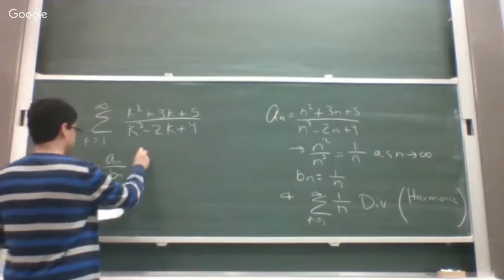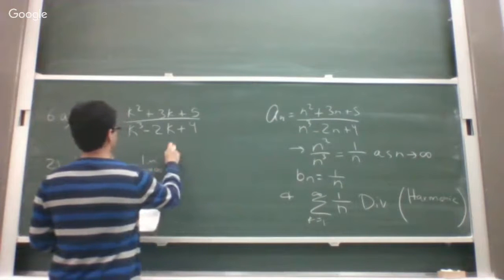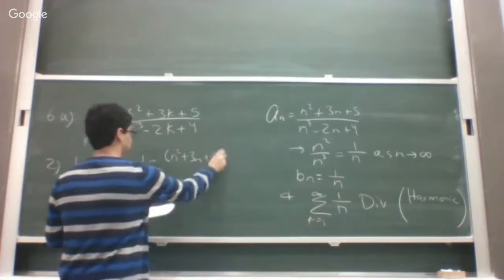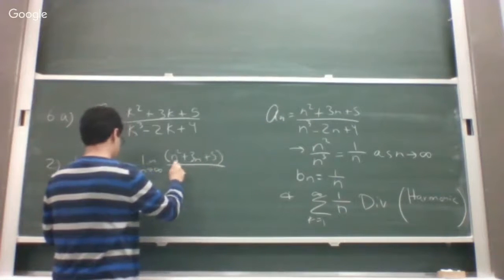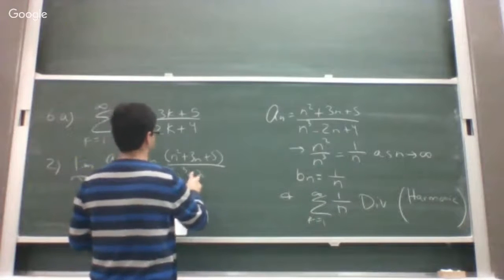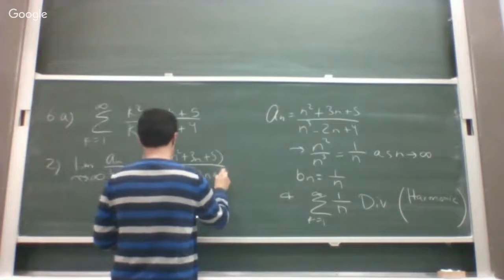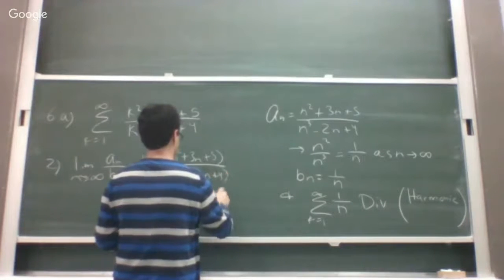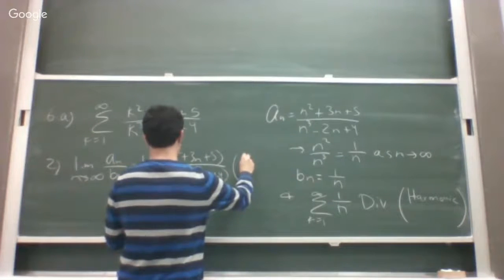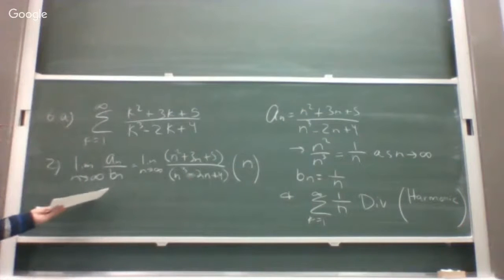This is equal to the limit as n approaches infinity of our a sub n, which is n squared plus 3n plus 5 divided by n cubed minus 2n plus 4. And that whole thing, we can just multiply by n because we're dividing by 1 over n.